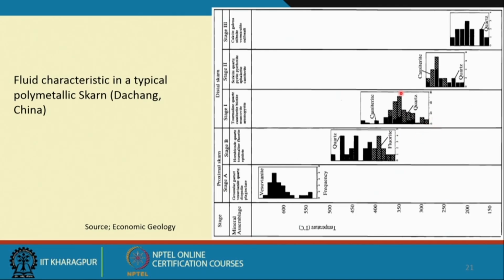This is also corroborated from many other types of studies, but this gives a very good idea as to what happens in a typical skarn system as far as the fluid evolution is concerned, and parallelly with the changing pattern of mineralization for the proximal and the distal skarn.